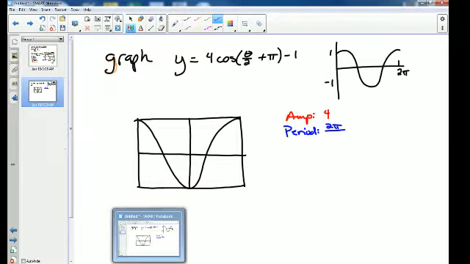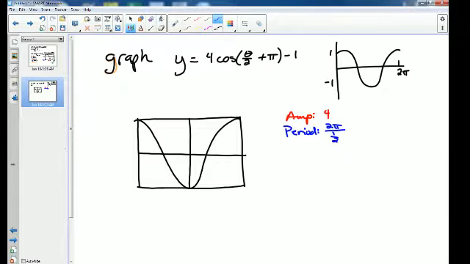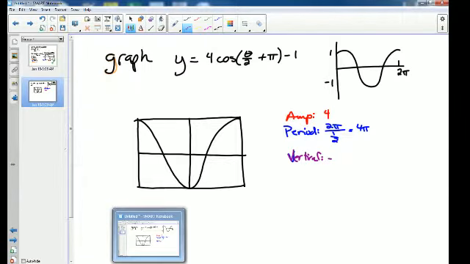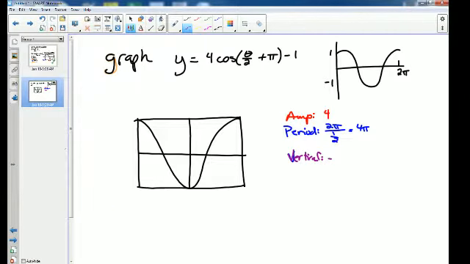It's 1/2. Yep. 4 pi. Vertical. Oop, change colors. -1. And a horizontal.